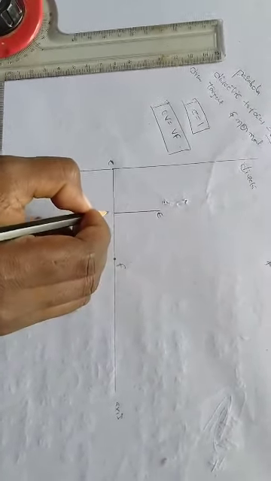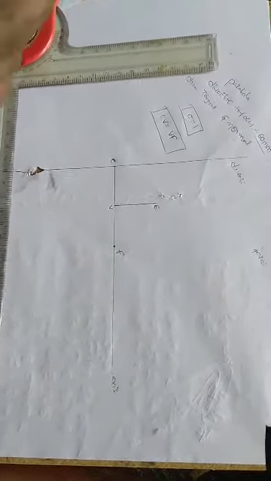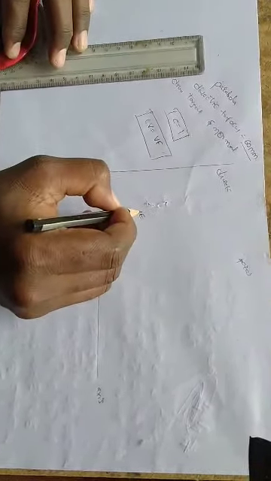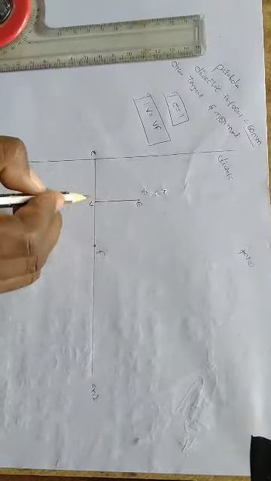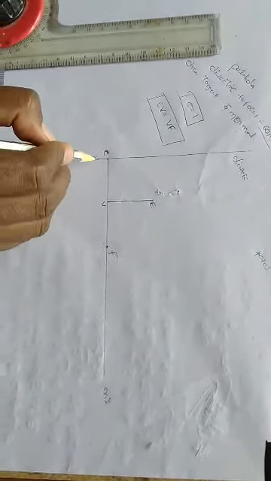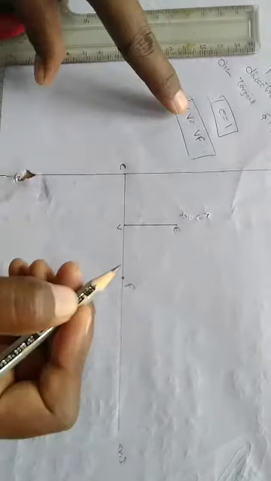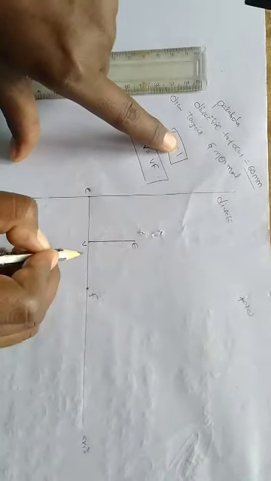V is equal to VF, and CV is equal to VF, because E is equal to 1.